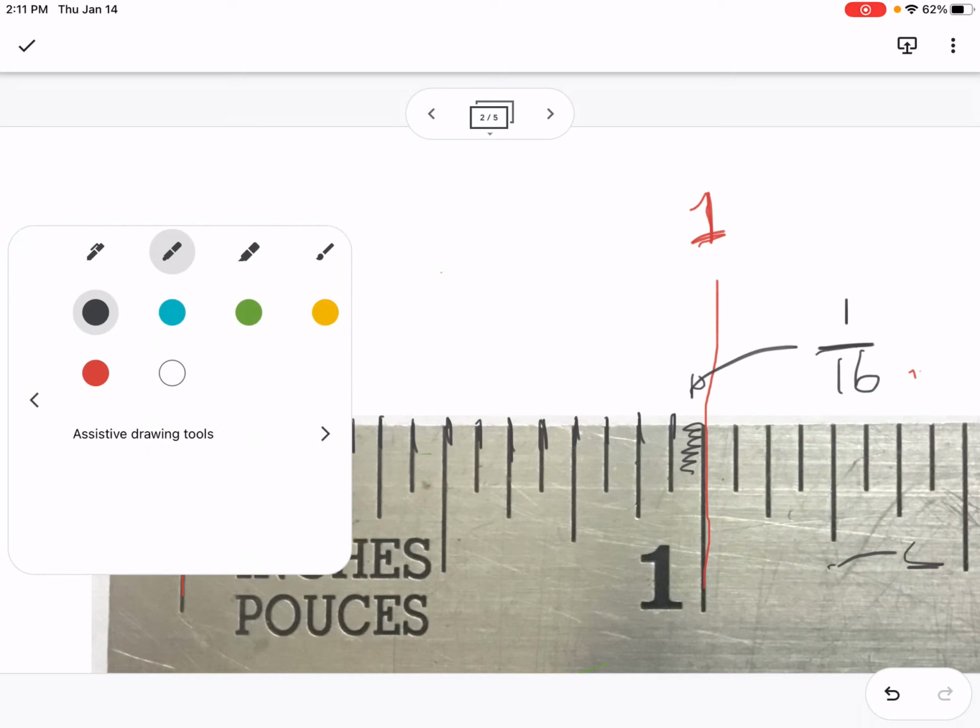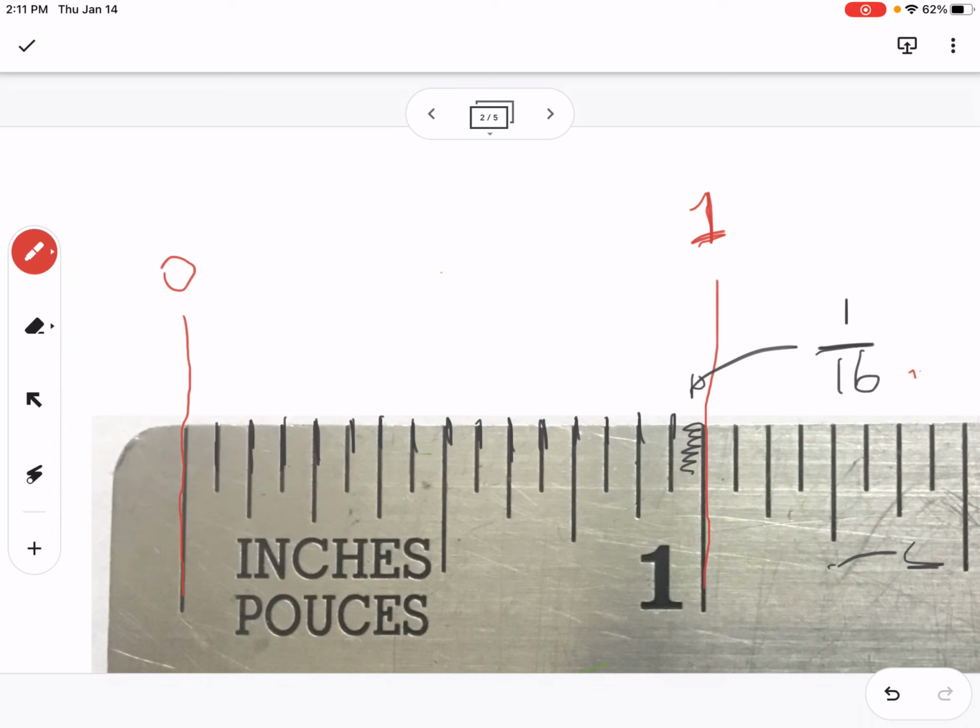In this video, we're going to look at how we can start bundling together those small parts, those 16ths, and break this inch not into 16 parts, but into a different number of parts. So we're going to bundle two of these 16ths together and call that part number 1.